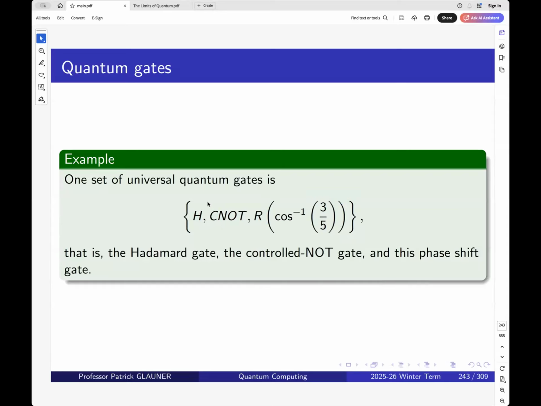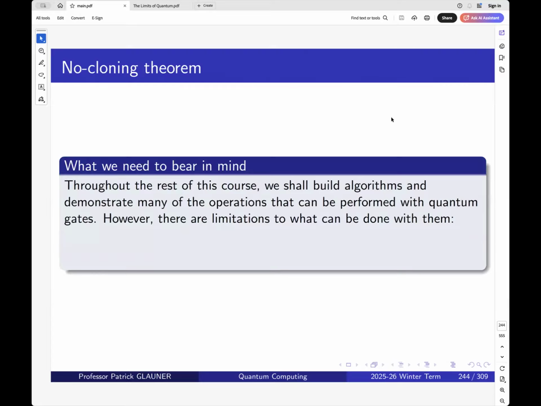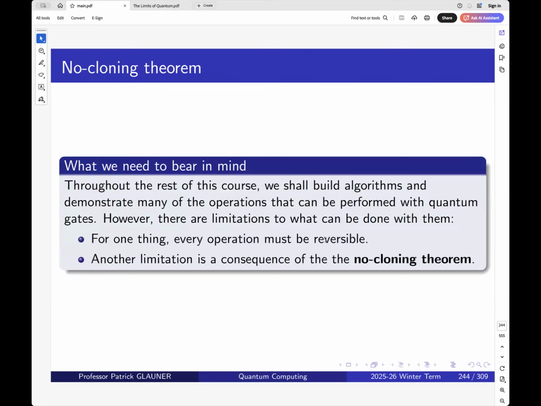There are other ones, obviously, also somehow combining the Toffoli gate with others, but a Hadamard gate is something you would typically need from a quantum perspective, because you first have to create some superposition and then you keep working with the superposition. Now, the goal is later in this course, as well as in particular for your seminar presentations, that we build algorithms. So we take advantage of these gates and build something concrete that works.